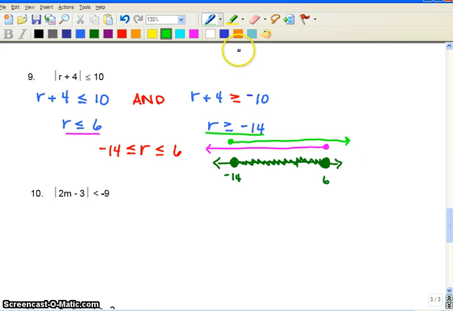And then the question would be, where do they overlap? That's what it means. Where do they overlap? Well, you can see they're overlapping right here in my dark green. So I think it's faster to do this red part, write it between, and then get your graph real quick. It doesn't make a difference to me which way you do it, though. It is important that you have this as your solution.